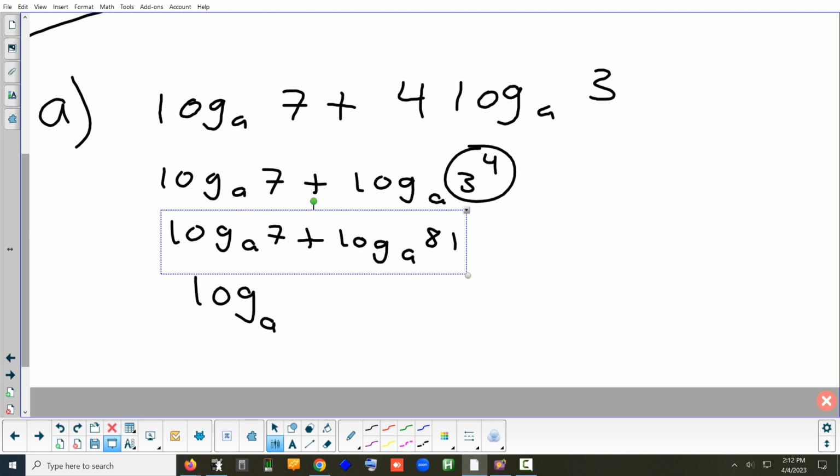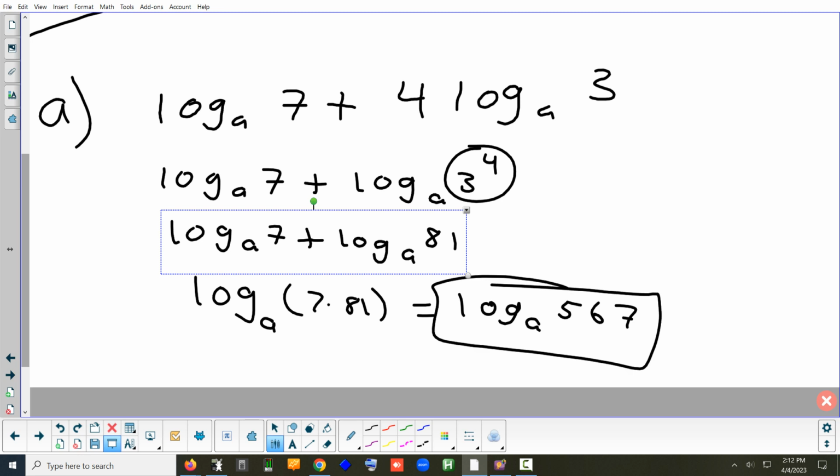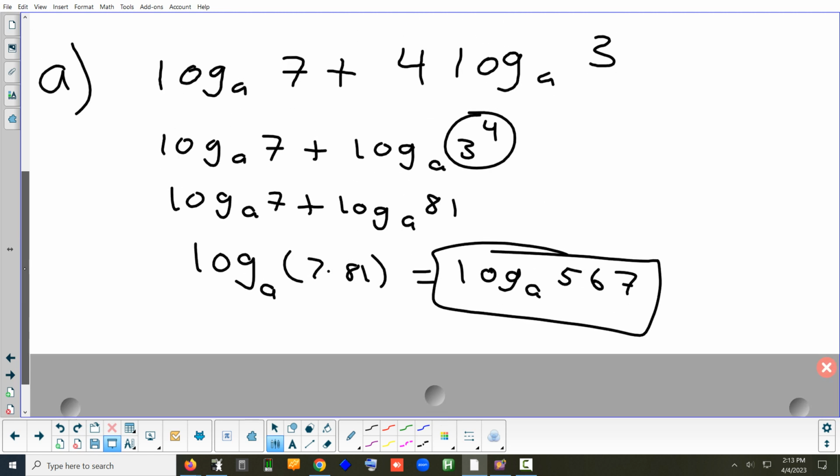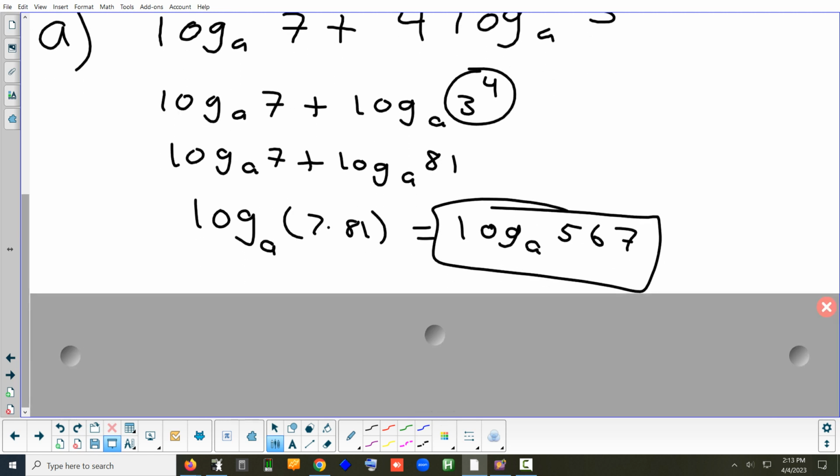So if this is a plus, how are the 7 and the 81 going to be put together? You don't add. Yep, multiply. 7 times 81. So that's log base A of 7 times 81, which is 567. Right? And that's how you recombine something back into one log. Any question on it?